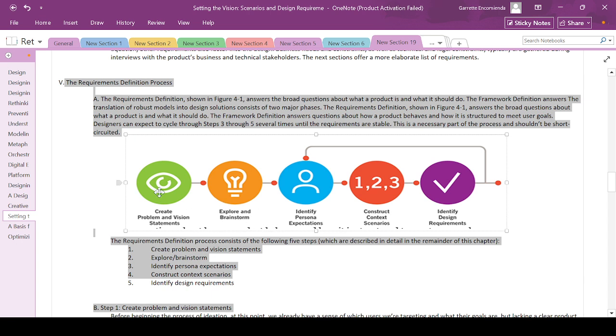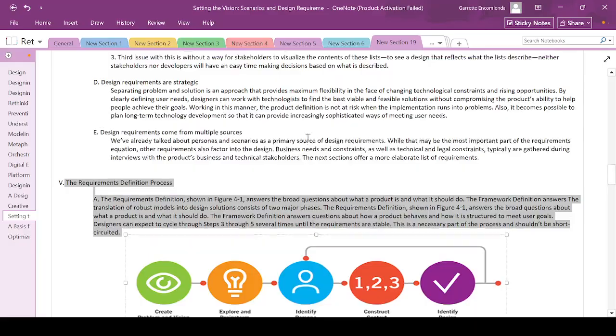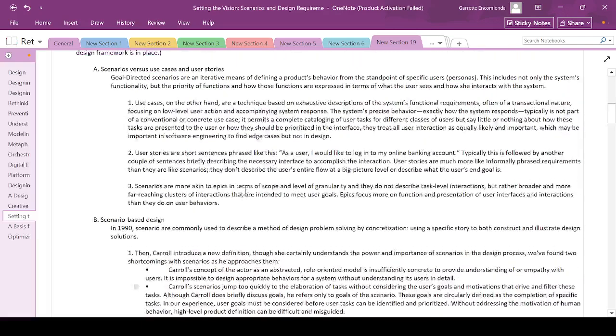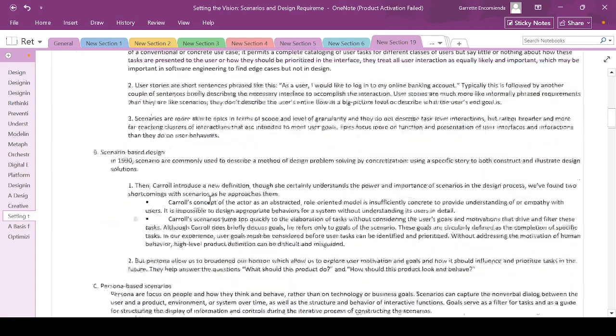Explore and brainstorm, that we've discussed in the previous video, on how a generator could explore and brainstorm while a synthesizer helps them identify persona expectations and construct context scenarios. So these are actually the three types of scenarios that we will use here.